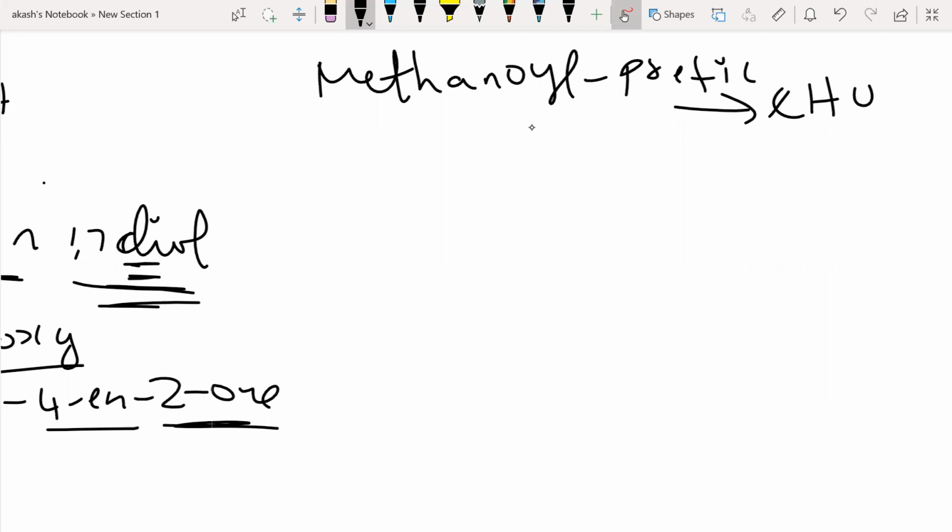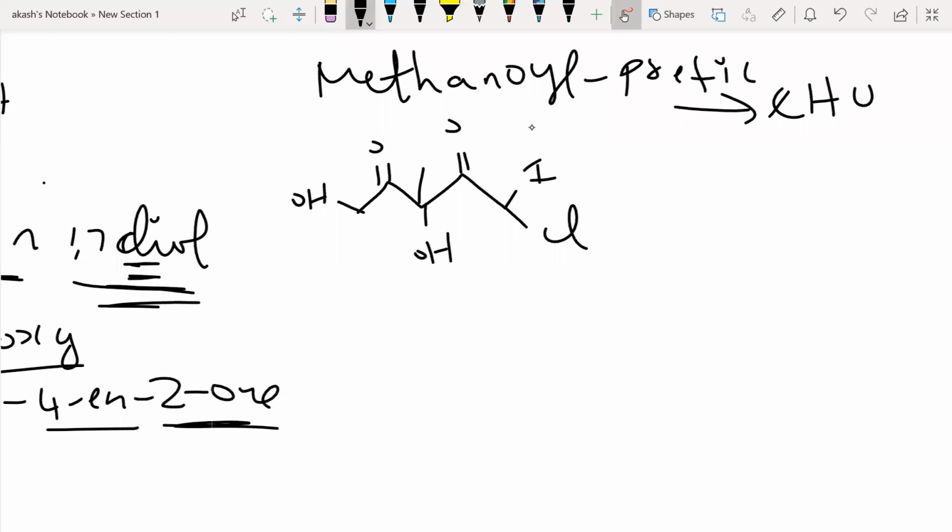Okay, this is a methyl group which I drew.